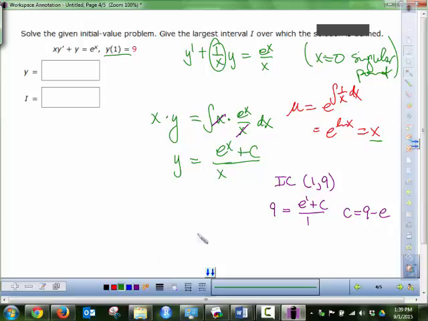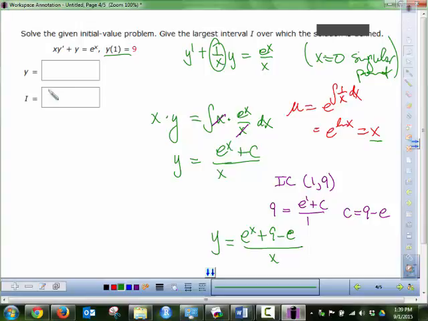So it looks like my function, the particular solution, is e to the x plus 9 minus e, divided by x. Okay?